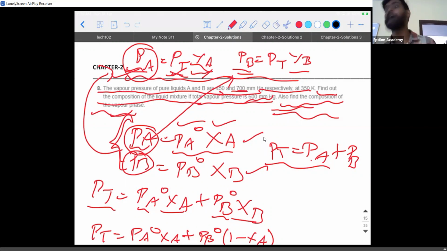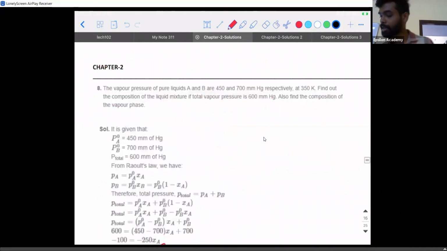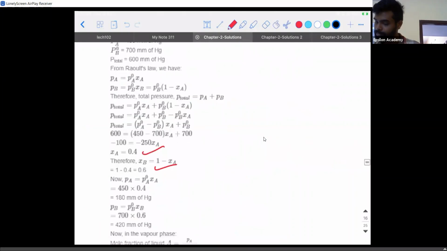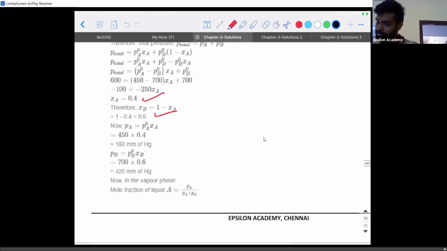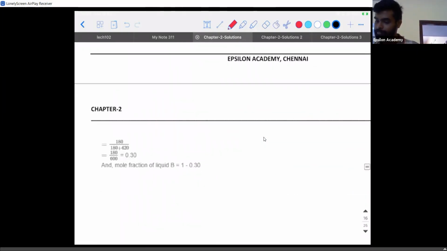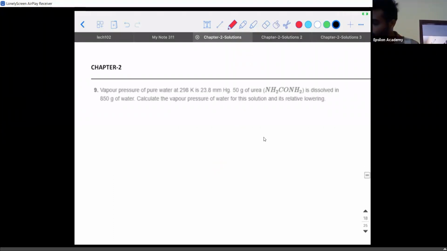And you told me the answer to be 0.3 and 0.7. If it's 0.3, obviously the other will be 0.7. Easy question. One more, the exact same method will solve it.